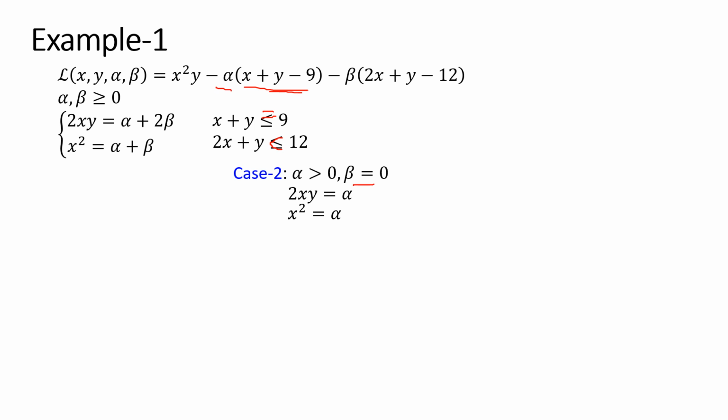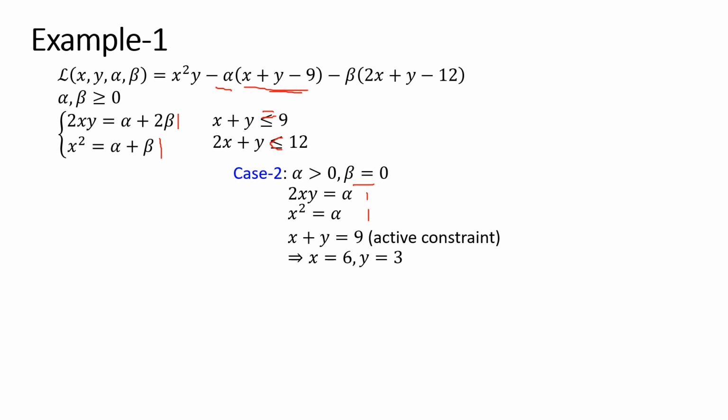And letting beta equals 0 in this expression, we get twice xy equals alpha, and letting beta equals 0 in this expression, we get x squared equals alpha. Solving, from the active constraint, we get x plus y equals 9. Solving, we get x equals 6 and y equals 3.